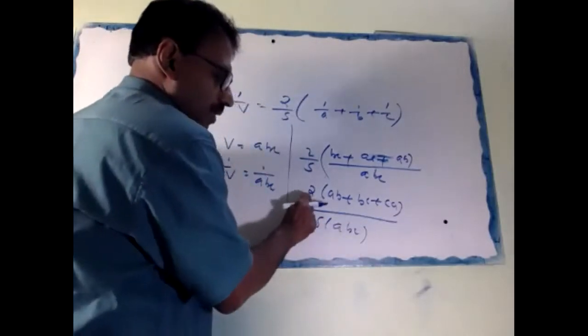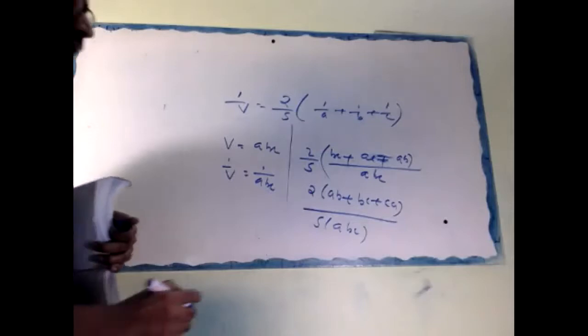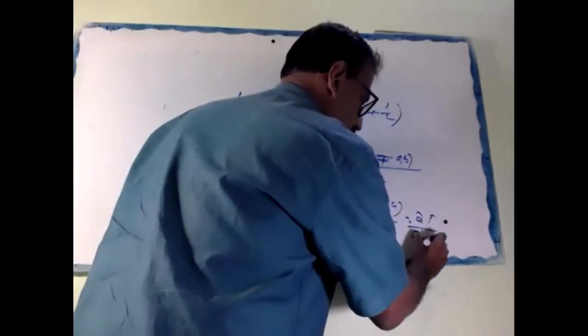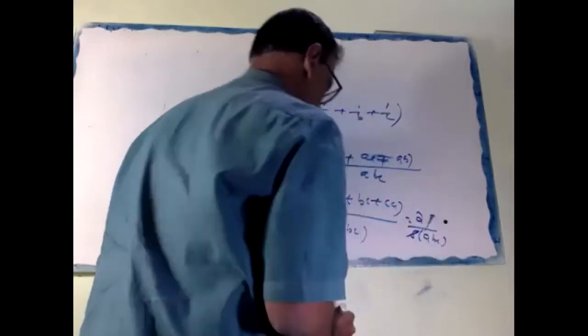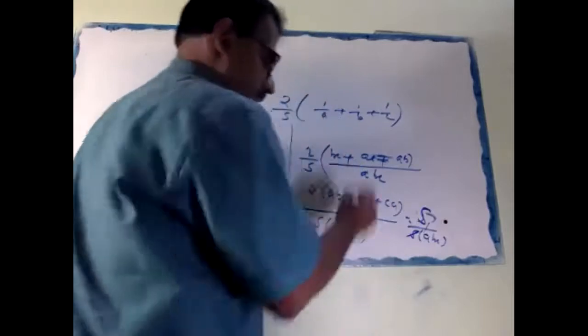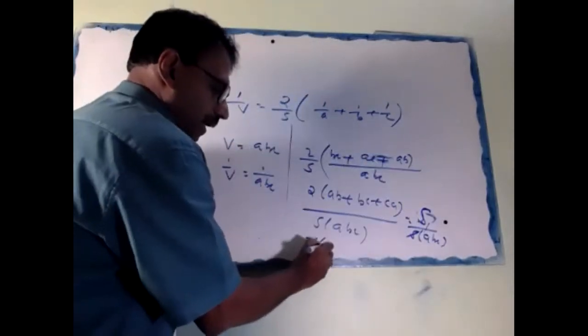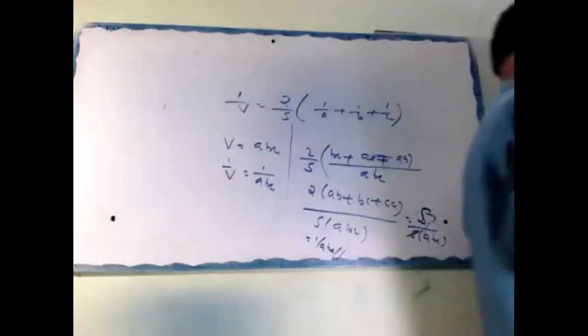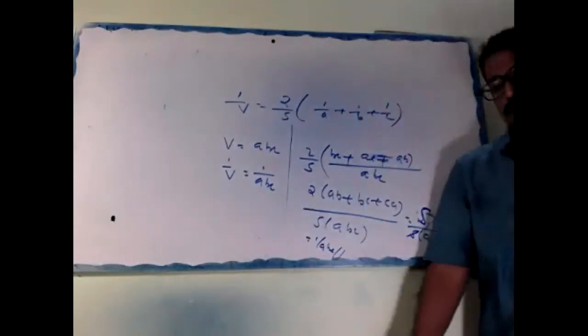What is this one? 2 times AB plus BC plus CA means 2S by S into ABC. S cancel. That is 1 by ABC. So LHS equal to RHS. Clear now?